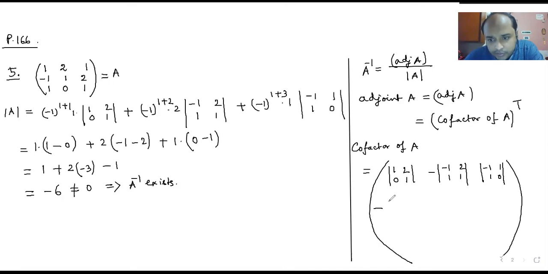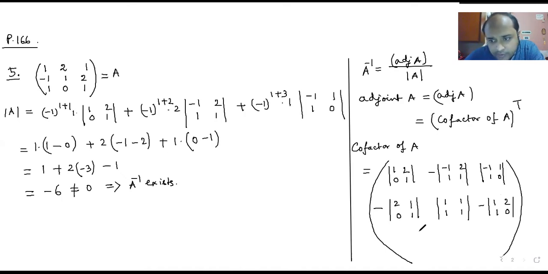Then the next one will be negative once again. I'm talking about this particular term: if I omit this row and that column, it would be 2, 1, 0, 1. The next one will be positive, and that would be 1, 1, 1, 1. The sixth one will be negative, so 1, 2, 1, 0.